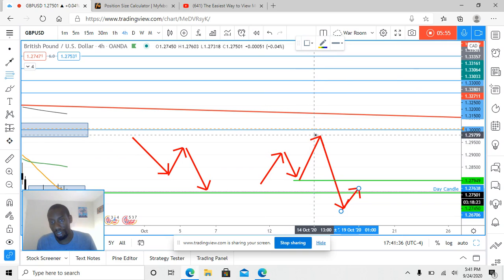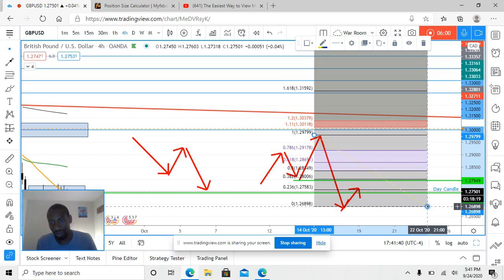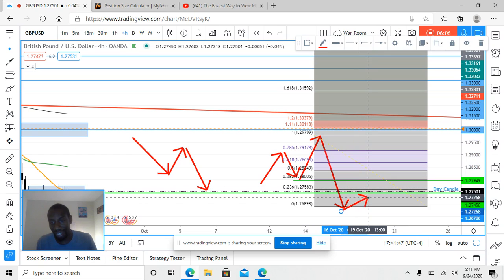I mark from here to here. See where it landed. Say if it landed right here at the 38 and then continues down. But what if it goes all the way right here, at the 60, this one right here.